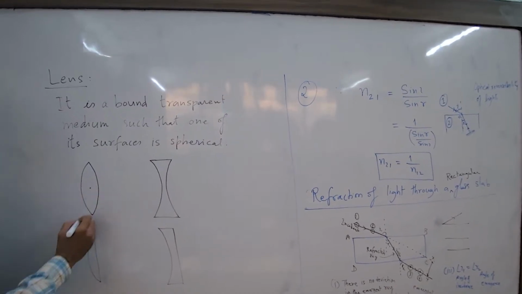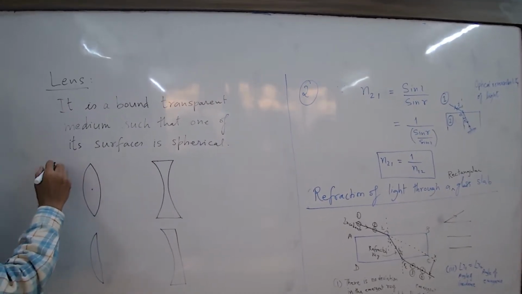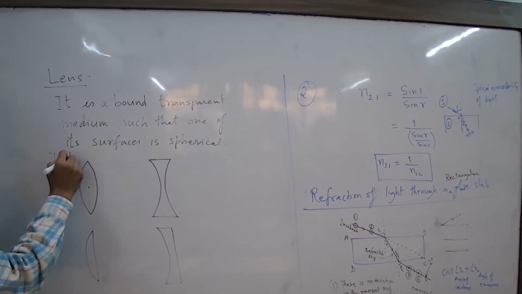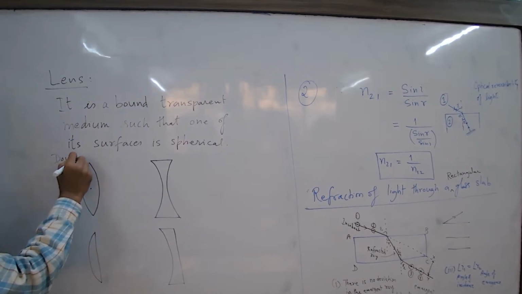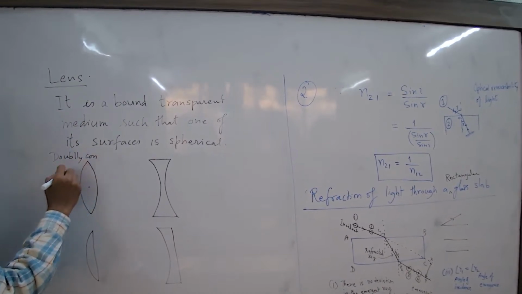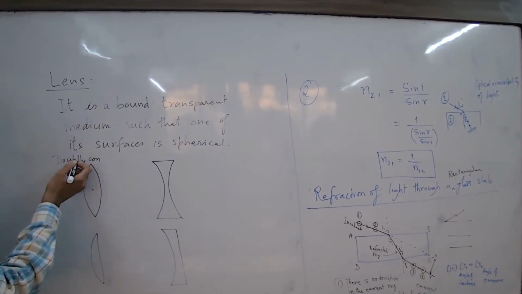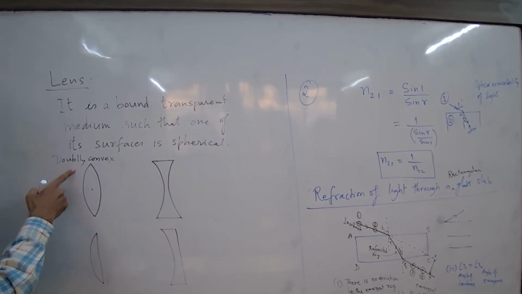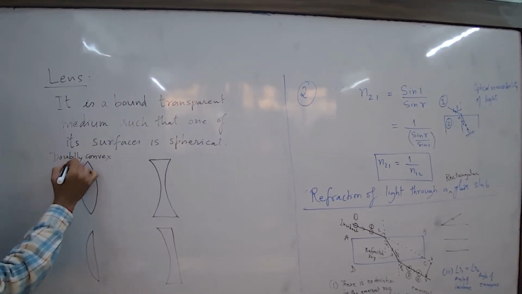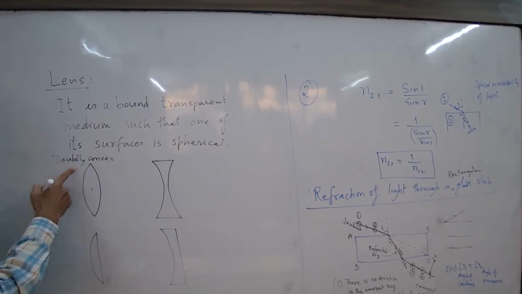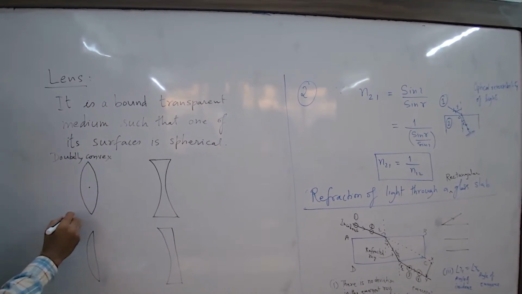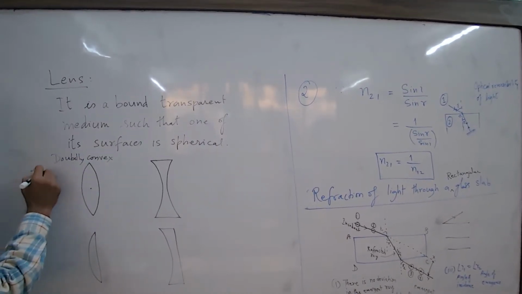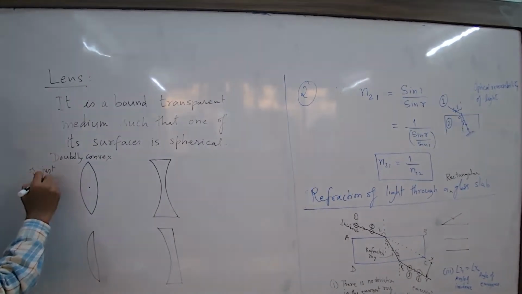So the name for this is doubly convex. Just check the spelling, doubly convex. Doubly convex or just convex.